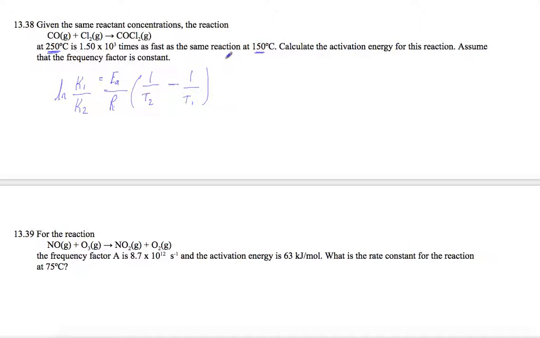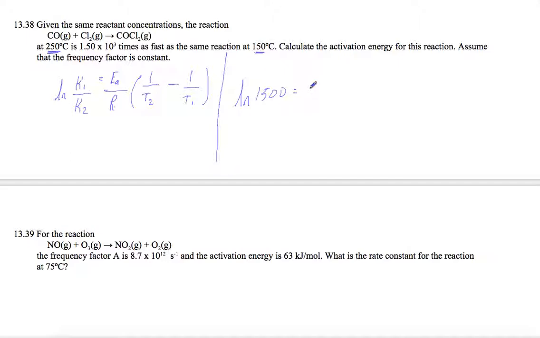So we can just plug things in. Now we have natural log of K1 over K2. The one at 250 degrees Celsius is 1,500 times faster than the one at 150 degrees Celsius. We don't have a value for 150 degrees Celsius, but that doesn't matter because the fraction is going to be 1,500 over 1. So it's going to be natural log of 1,500.